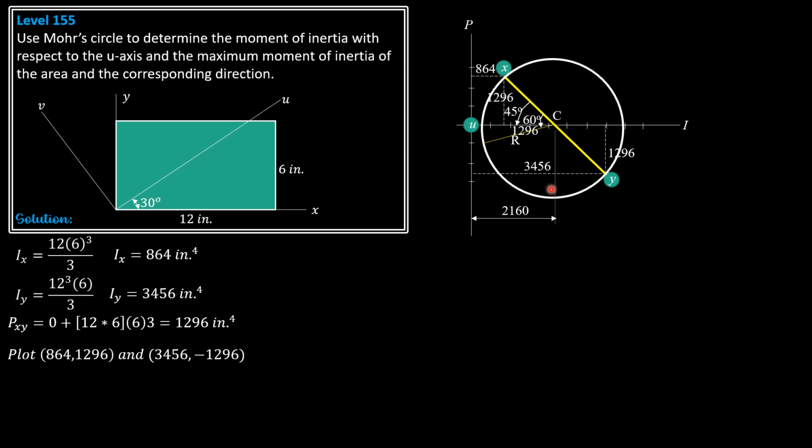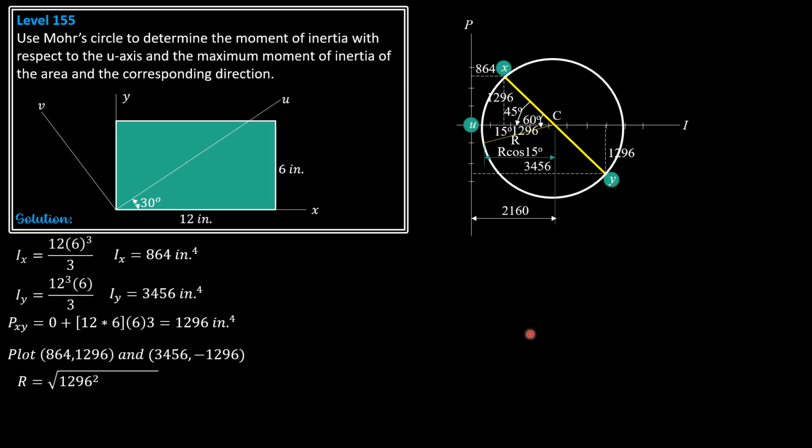So therefore 60 degrees minus 45 degrees is 15 degrees. So that's why that's 15 degrees, and that is I sub u. And this is r cosine of 15 degrees to be subtracted from the center, 2160, to get I sub u.